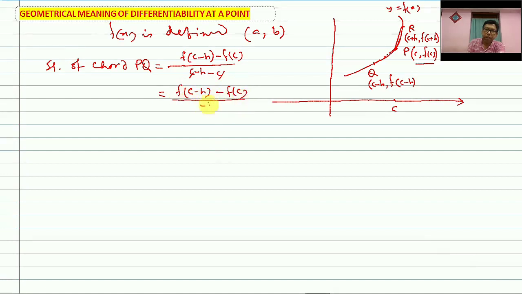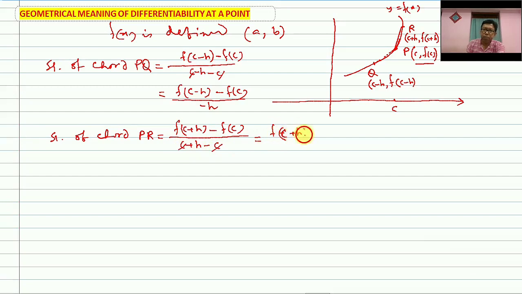And what is the slope of another chord? This is PR. Again in the same way, y2 minus y1 divided by x2 minus x1. So f of c plus h minus f of c upon c plus h minus c. So you may cancel these two c's, and getting here f of c plus h minus f of c upon only h.